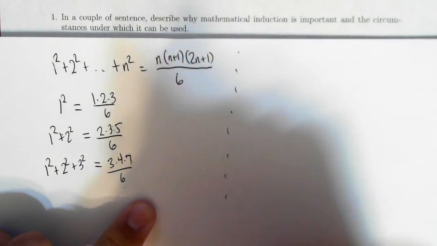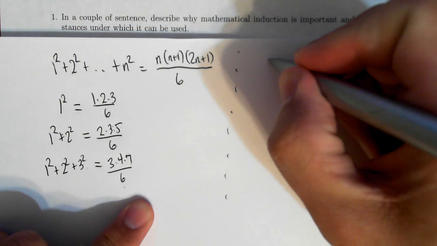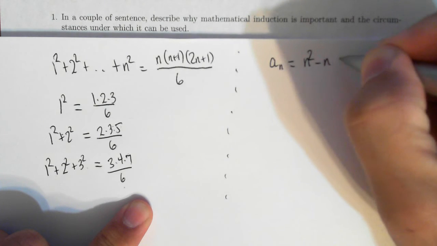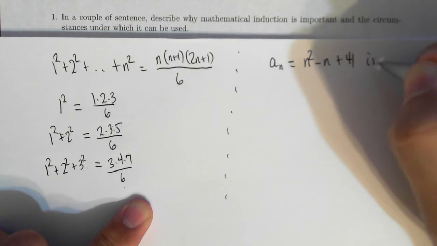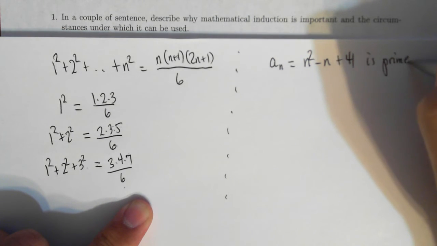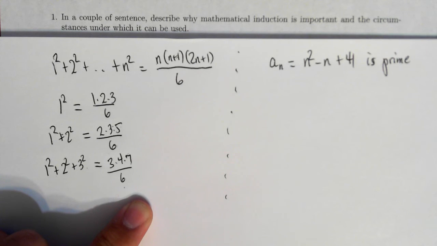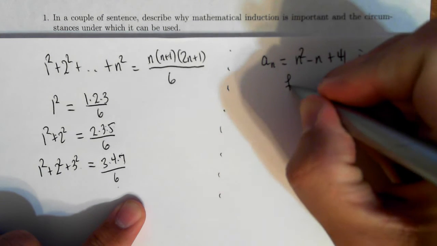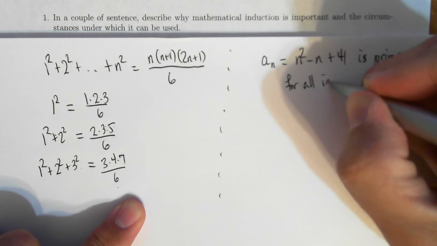And the classic counterexample is the conjecture that n squared minus n plus 41 is prime. Now this actually is a false statement for all integers n.